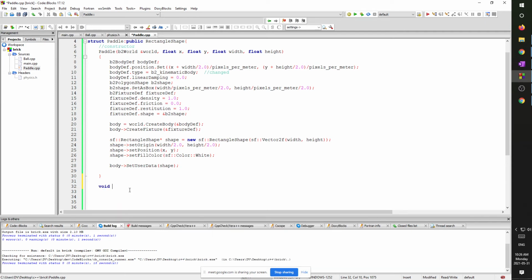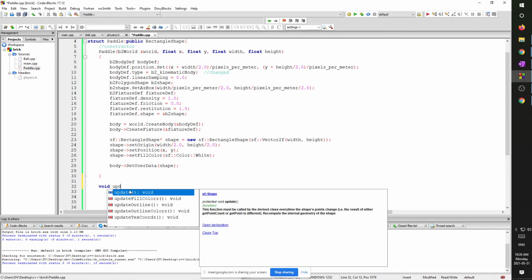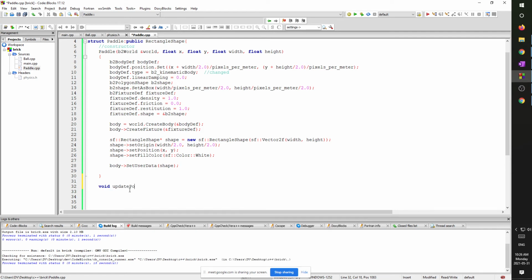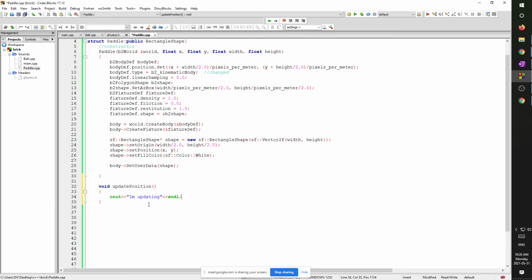It doesn't return anything. But we want to call it every time we run our code. Watch. If I just put cout in here and say I'm updating, it's the world's most useless function.